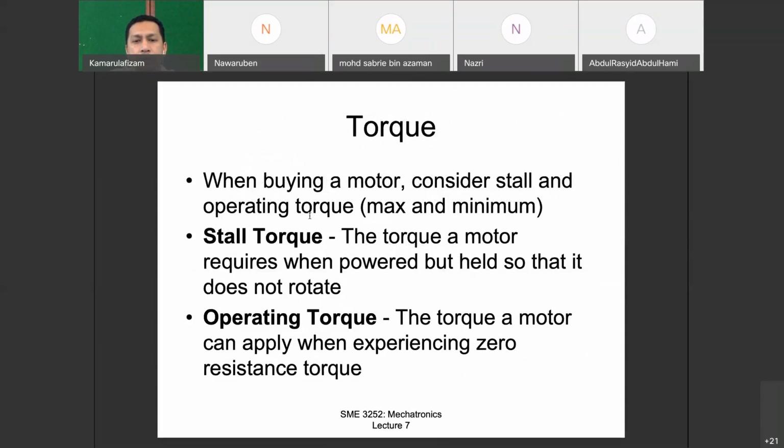Operating torque, when experiencing zero resistance torque, maknanya the free run, you supply power ke motor pusing secara free, even walaupun ada resistance sekalipun, the torque motor masih lagi boleh overcome that resist torque, dan dia masih lagi pusing. As long as dia pusing, that is operating torque. Kalau you boleh hentikan dia, that is a stall torque.